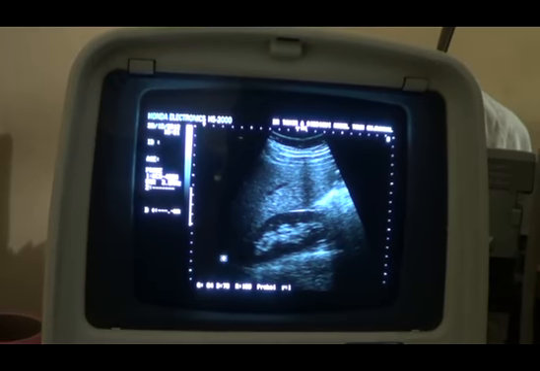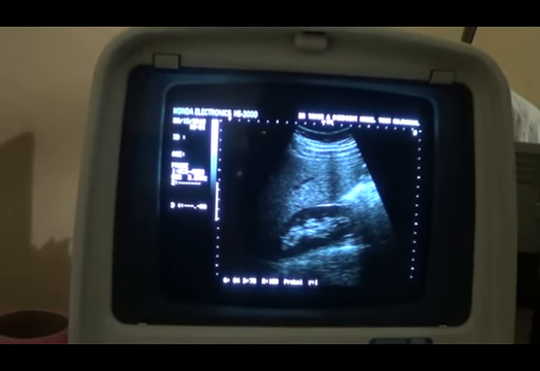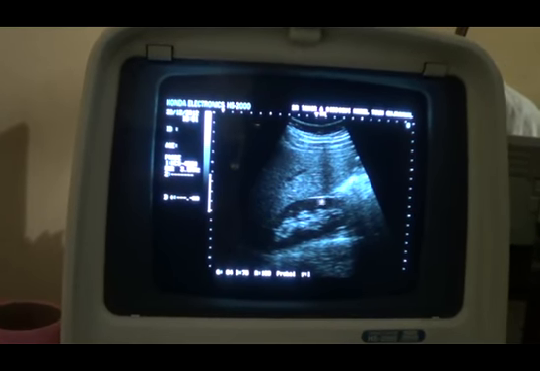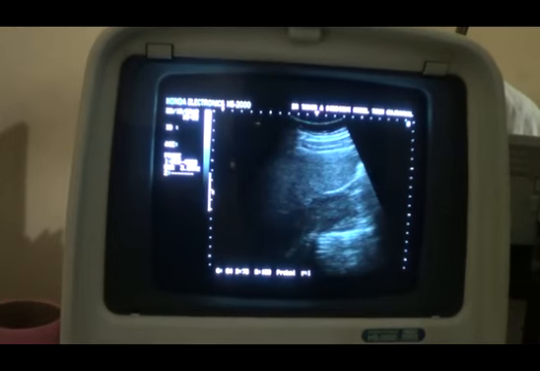When it returns back to the transducer, you get this image. Now, the same explanation applies for the blackness of the renal parenchyma, which is otherwise normal.